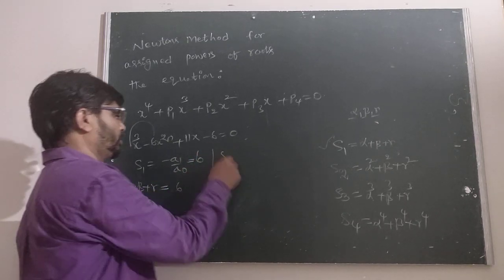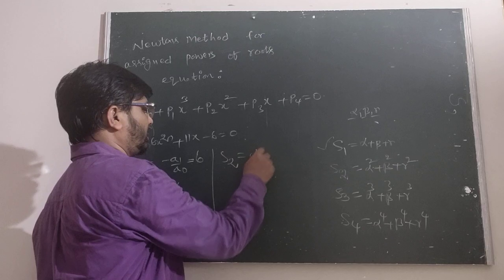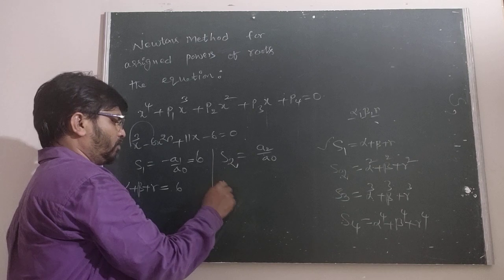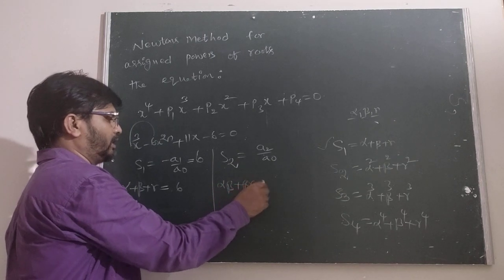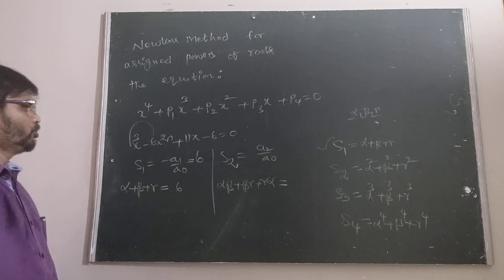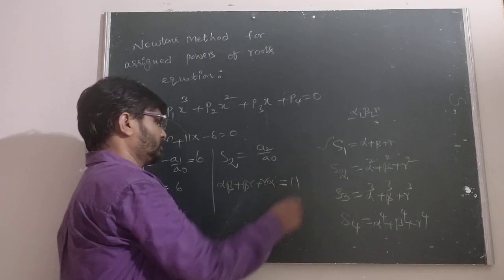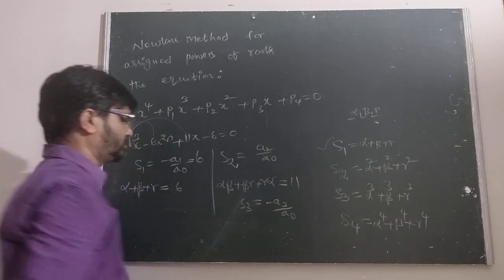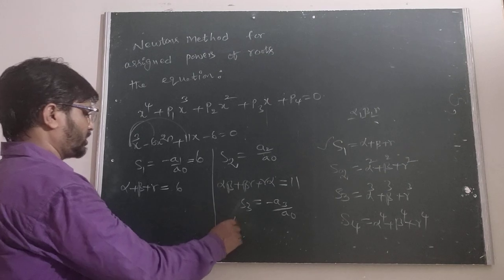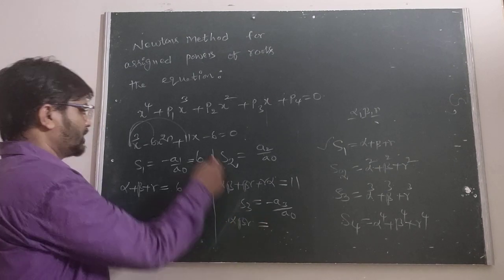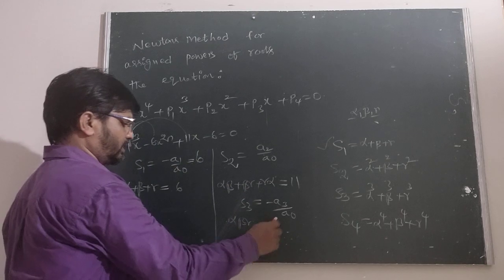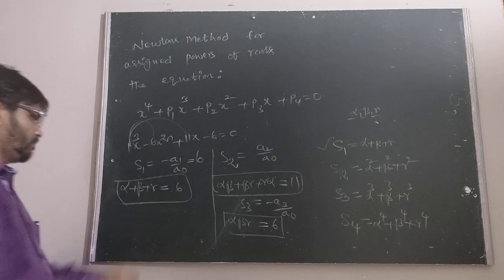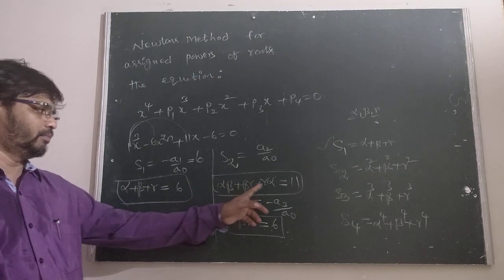Next, S2 is alpha beta plus beta gamma plus gamma alpha, which is a2 by a0, that is 11. Similarly, we find S3 is minus a3 by a0, that is the product of all roots, alpha beta gamma, minus a3 by a0, which is 6. These are the values of alpha plus beta plus gamma, alpha beta, beta gamma, gamma alpha.